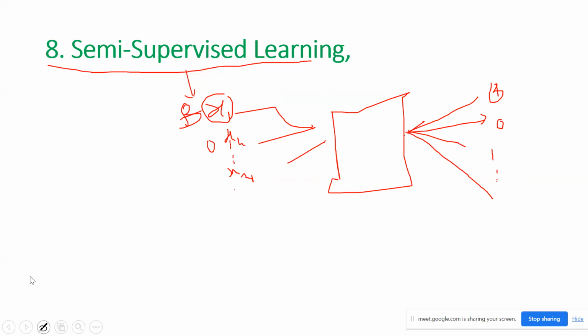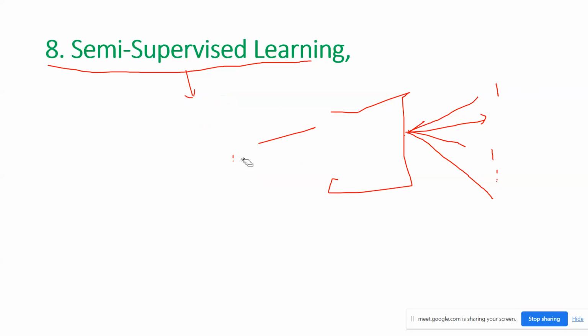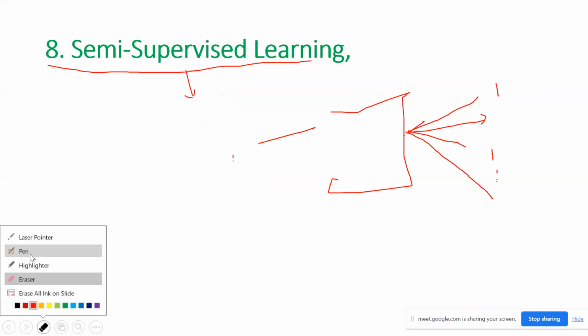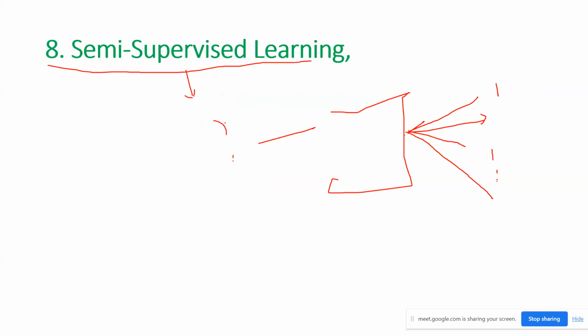The same way, when we apply the unsupervised learning mechanism, what happens in unsupervised learning? Similarly, we will consider input values x1, x2, and so on, xn. It is not classifying like this. Instead of that, it is doing clustering.